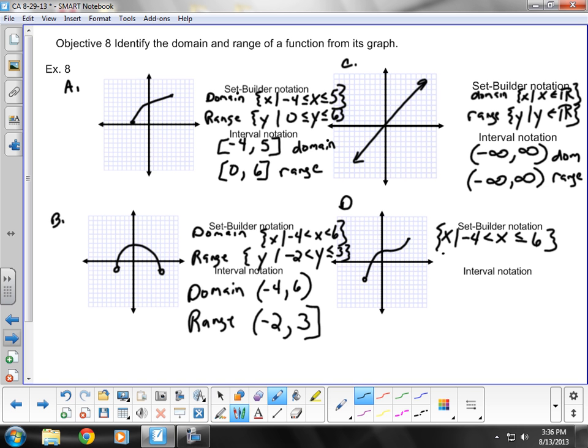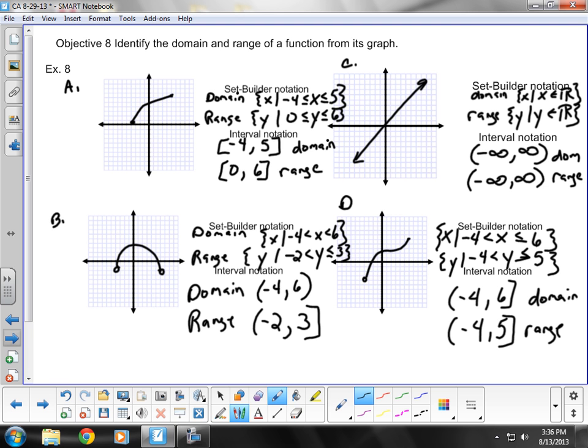And then on my range, I've got all the y's, such that that goes from -4, again, just less than, up to 5. Okay, and that's actually equal to 5. So on this one, for the domain, we're going from -4 to 6, and from -4 to 5 on the range.